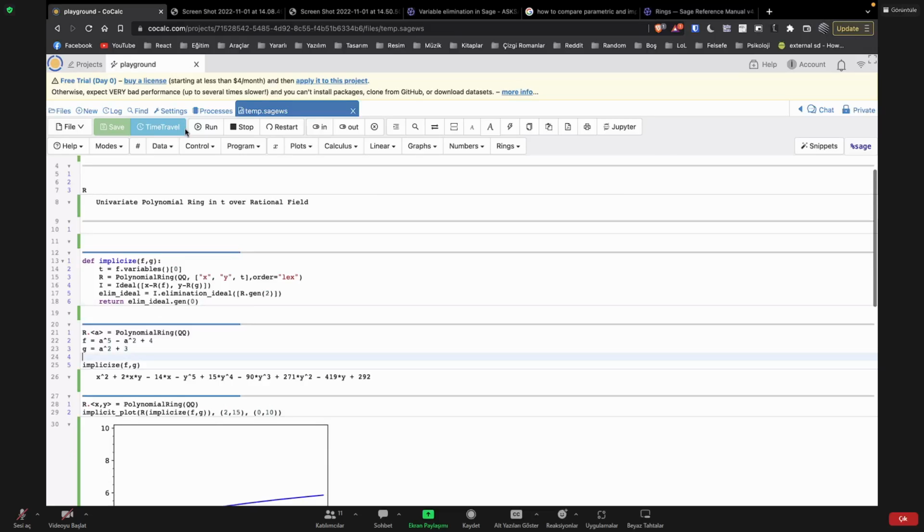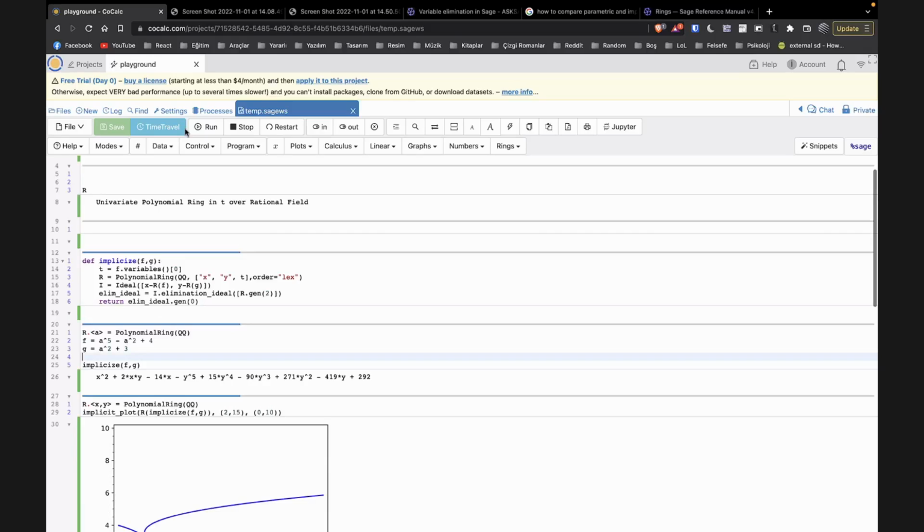Our group couldn't handle it. If we knew this, we could have done it too. Yeah, but the main problem in your group was that you didn't define the polynomials correctly. You didn't say x minus f, y minus g.